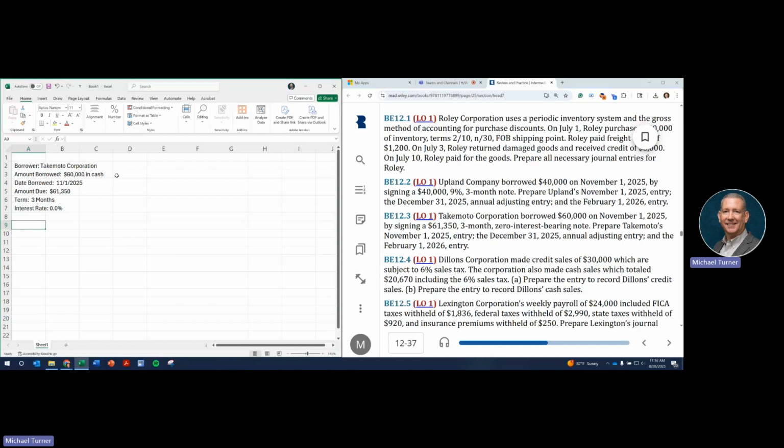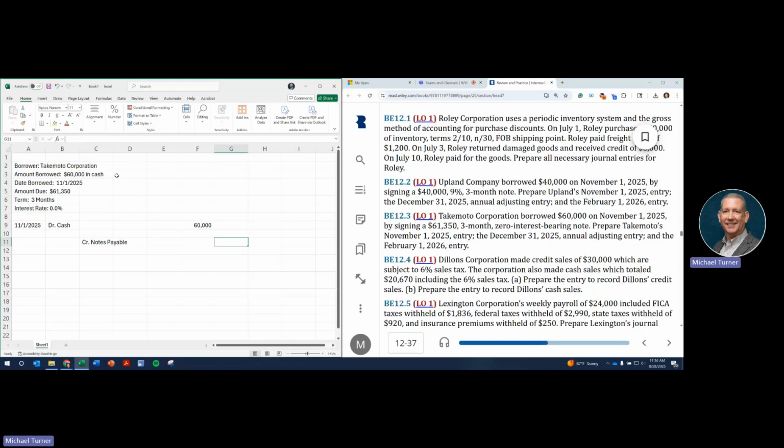So the first one we're asked to complete is November 1st, 2025, the date the cash was borrowed. So we will debit cash for the amount received, which is $60,000, skip a line, and we will credit the corresponding notes payable. It's just one, so we'll call it notes payable.